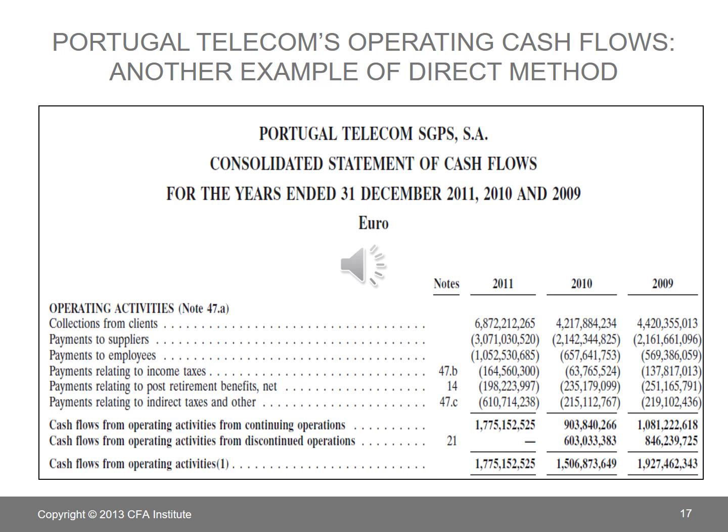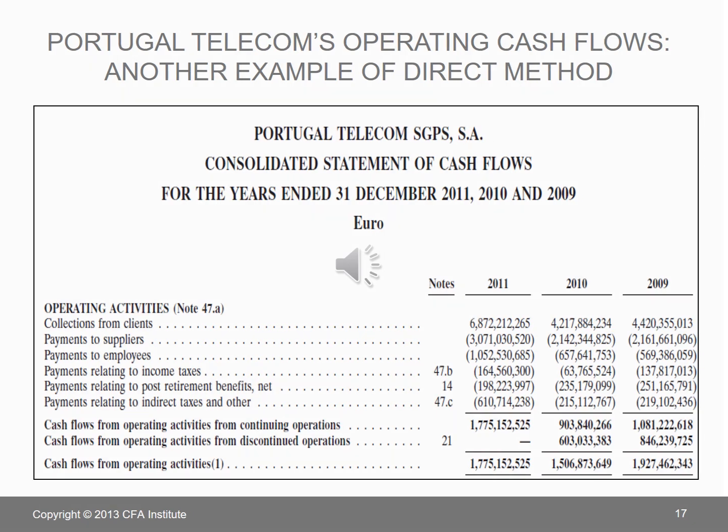For the Portugal Telecom statement, we can see that it illustrates the requirement that cash flow from continued and discontinued operations be presented separately. Portugal Telecom is an IFRS reporting company, and unlike US GAAP, IFRS does not require the company to report interest received and paid in the operating section of the statement of cash flows.